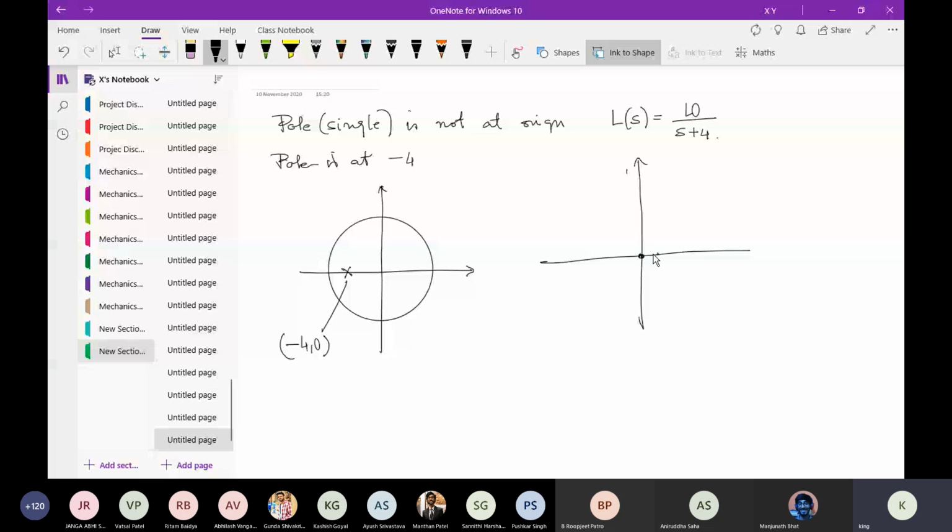It will look large. It will have a radius 5 because I'm putting in this 10 out here.